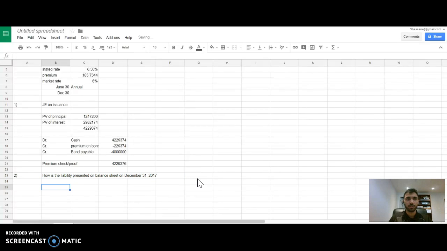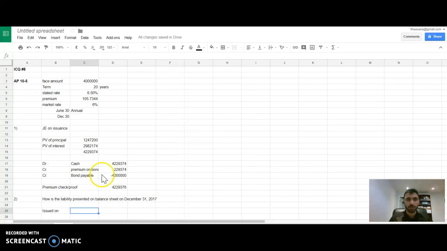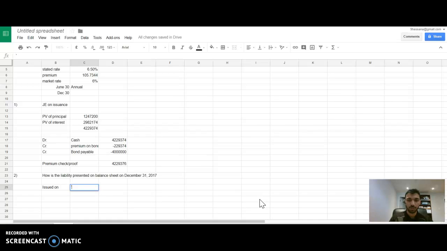So the first thing we want to do is figure out the time that has passed between when the bond was issued and the date that they're asking us. If we look back to our summary, we know June 30th, 2017 was when the bond was issued, and now is December 31st, 2017.